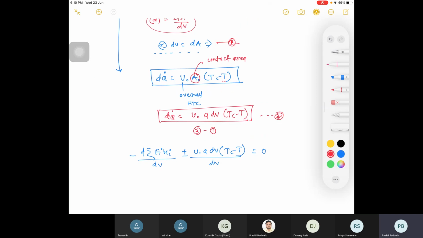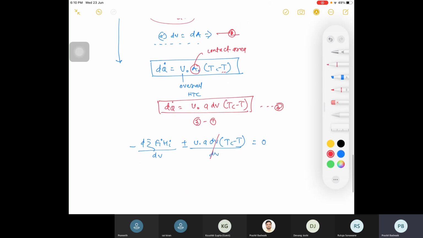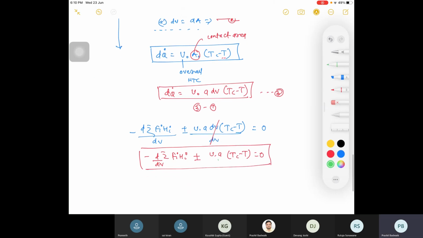So we will be having this term cancel out. So we will get d by dV of summation Fi into Hi plus minus UA Tc minus T is equals to 0. Final equation. And here A is your area per unit volume.